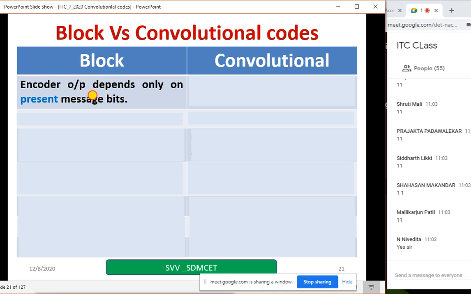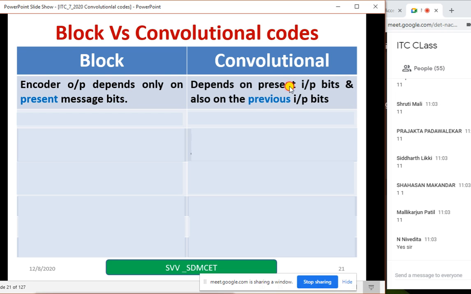We have discussed that block codes do not have a memory, whereas convolutional codes depend on the present input and also on the previous inputs. How many, sir? It depends on the constraint length that we will discuss, and you have seen M1, M2. If I have M1, M2, M3, M4, memory is more. If I have only M1, M2, memory is less. So the basic difference is that block codes depend only on the present input, while convolutional codes depend on present as well as previous inputs.